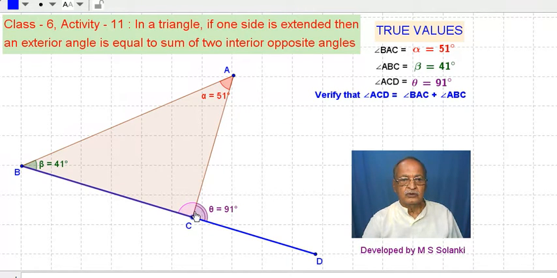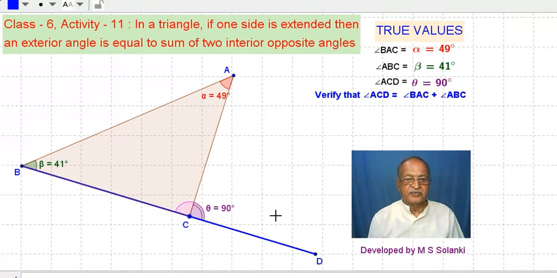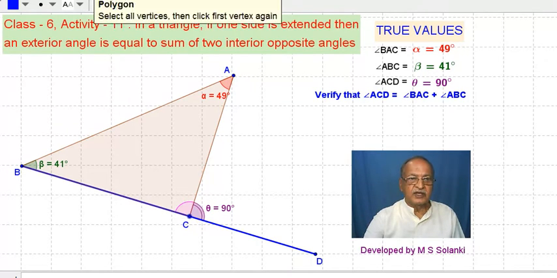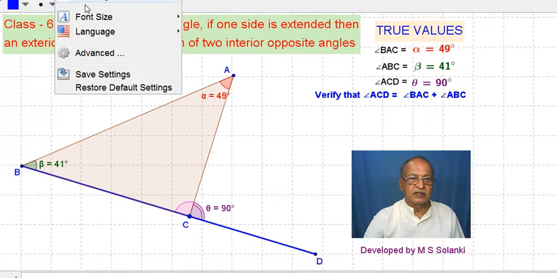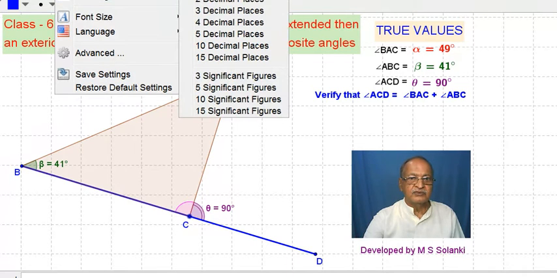You see here, this angle is 41 degrees, 49 degrees, and this angle is 90 degrees. The sum of 49 and 41, sometimes we are not getting the correct value. I will tell you why: because we have done rounding up to 1.